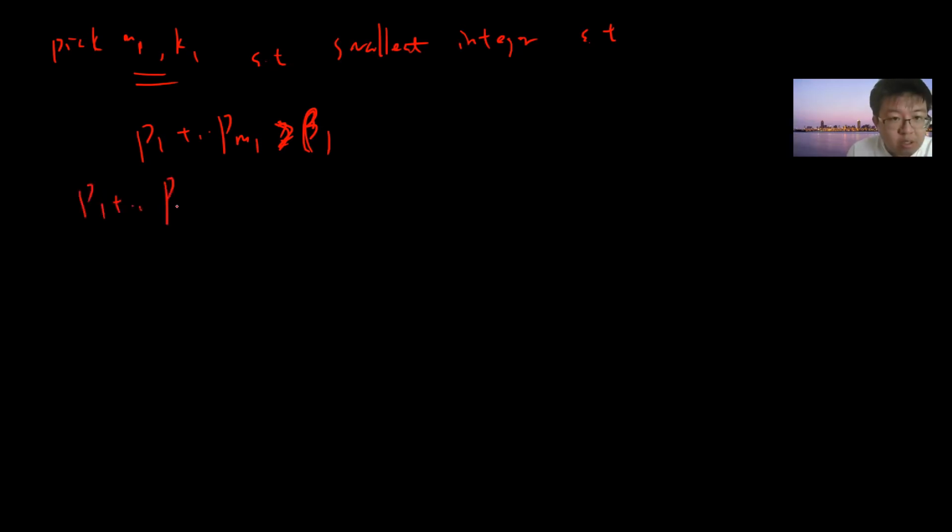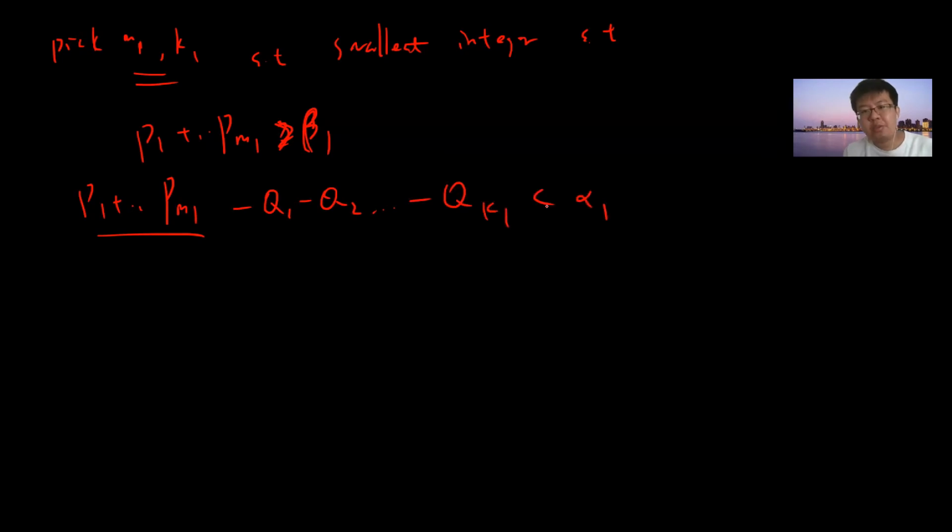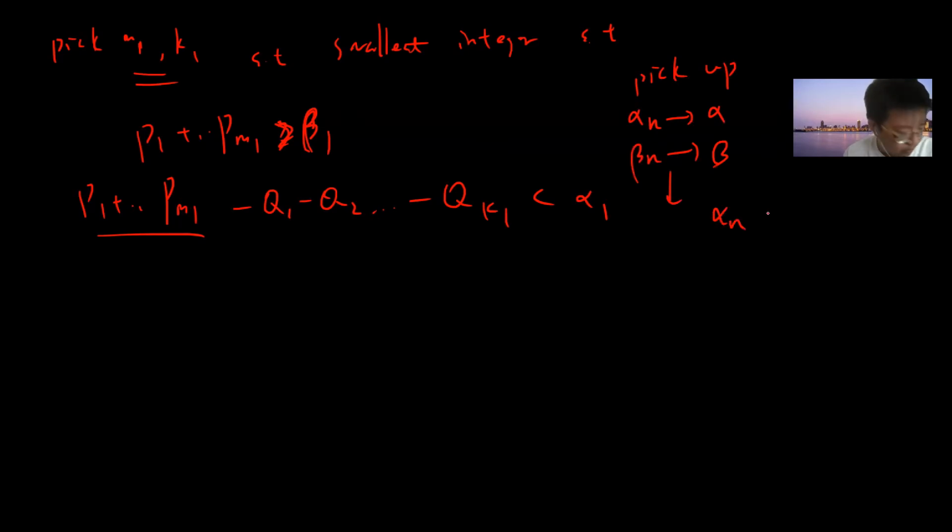And for the negative part, I use K1 such that this is less than alpha 1. So what are alpha 1 and beta 1? I pick alpha n converging to alpha and beta n converging to beta, such that alpha n is less than beta n and beta 1 is greater than 0.